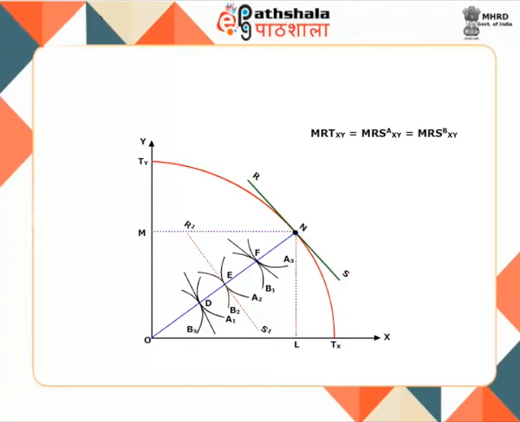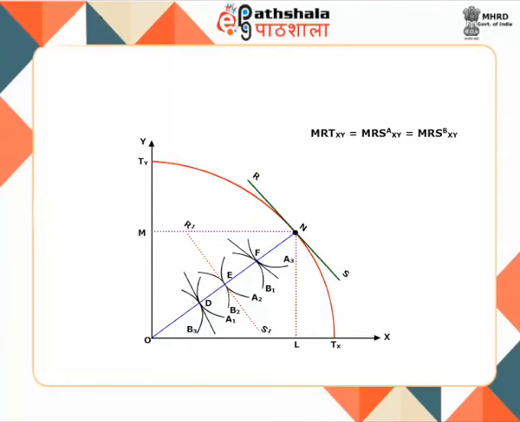The economy must produce along the production possibility curve at a point that reflects the preferences of consumers.